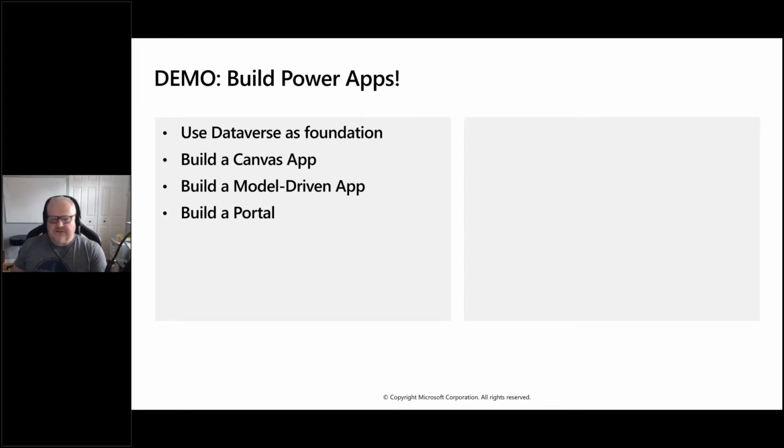If you wanted to surface information in a model-driven app, there are techniques called virtual entities where you could create effectively Dataverse tables that point to external applications. That's going much deeper, and that's much more of a developer topic, but that is something if you did need to pull data from another system.